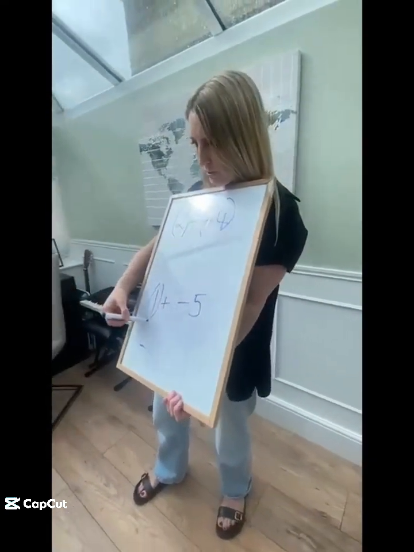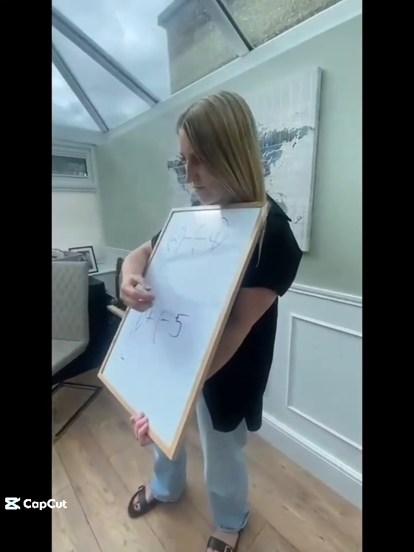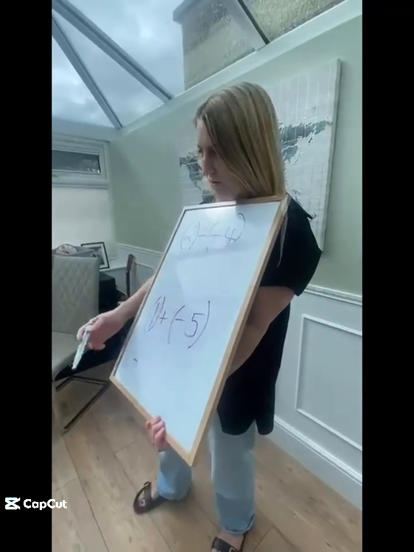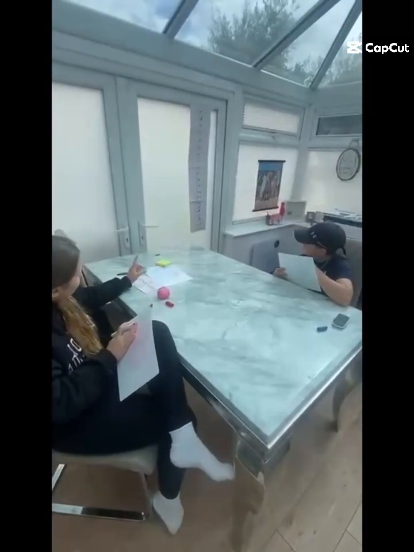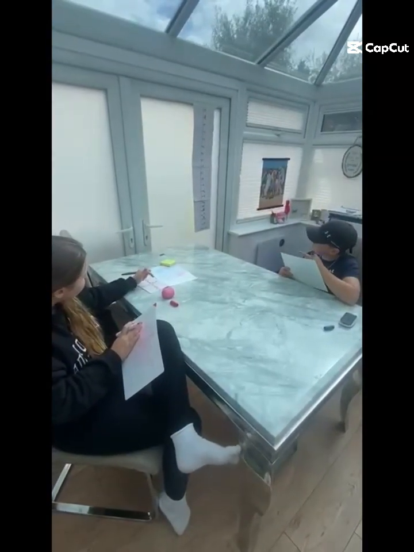So we're starting at 1. What happens if we add a negative? We go down, and we're going down 5. I'll give you a few seconds to think about what you think. Look at the number line if you need to. 1, add negative 5.